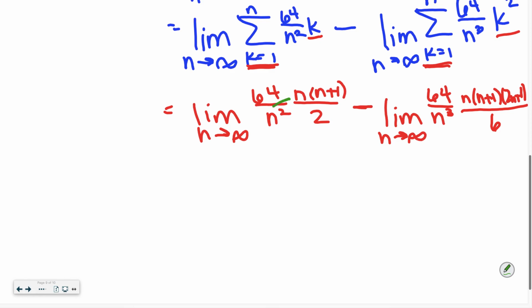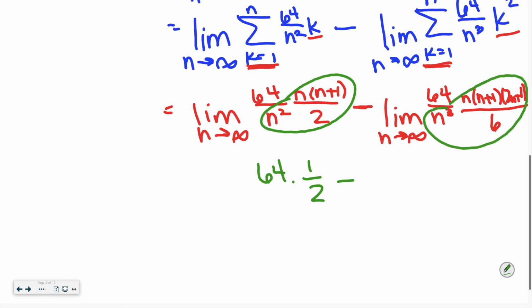So we've already talked about this limit right here. What did we say it was? 1/2. And then we've already talked about this limit right here. Is 1/3.